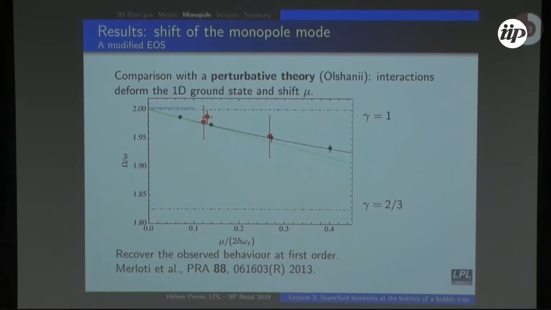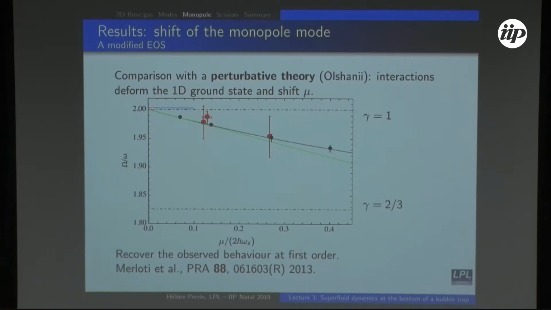And after that, we also performed a perturbative theory from the value 2 omega, taking into account the inflation of the transverse ground state due to interaction. So we renormalize all the ground states by some effect of the interactions.